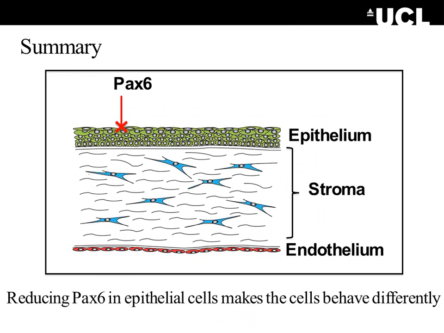So for my future work, I'd like to put these unhealthy Pax6-reduced cells onto my tissue-engineered cornea, and see if they multi-layer, how they change, how they interact with other cells, and whether the stromal cells make a difference or not. There are lots of things we can look at to get a better idea of what's going on with the Pax6 deficient cells.